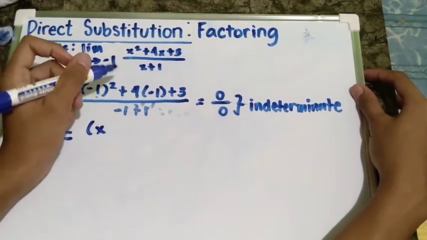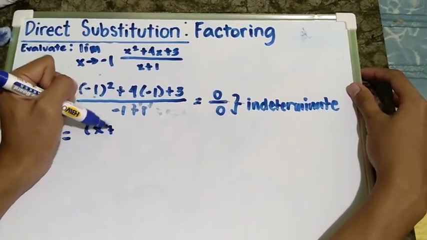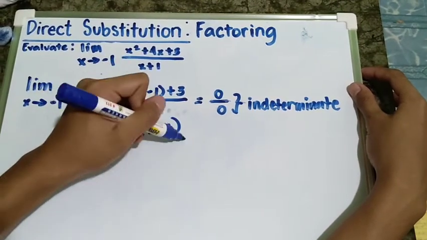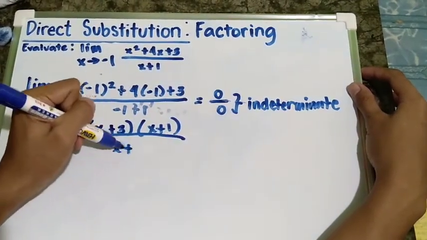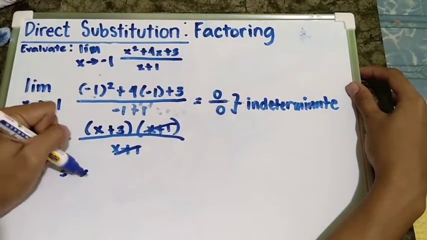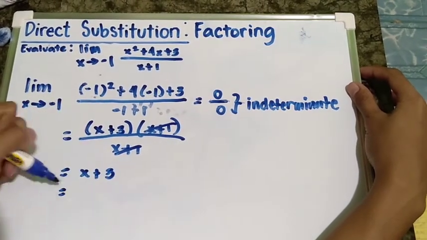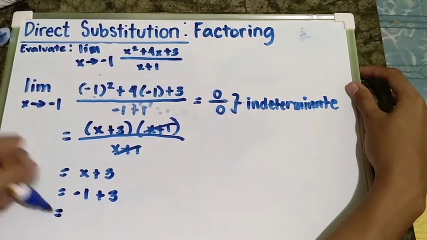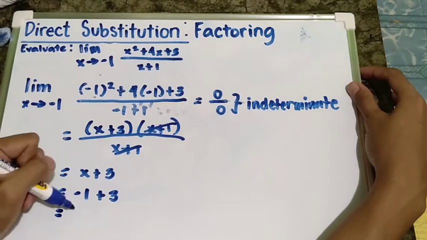The remaining function is x plus 3, then apply direct substitution: negative 1 plus 3. So the limit of the function when x approaches negative 1 is 2.